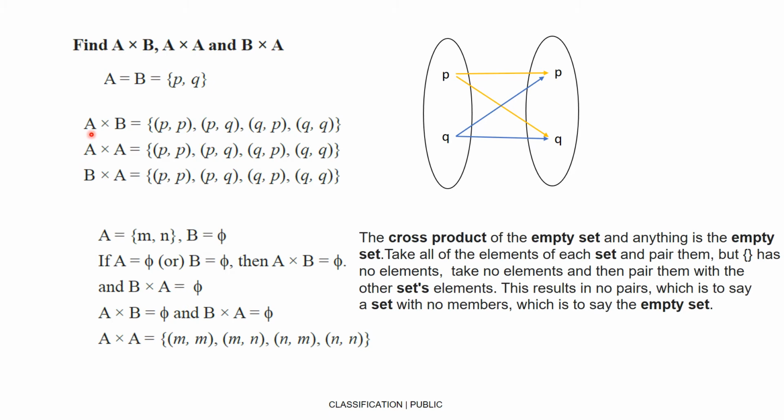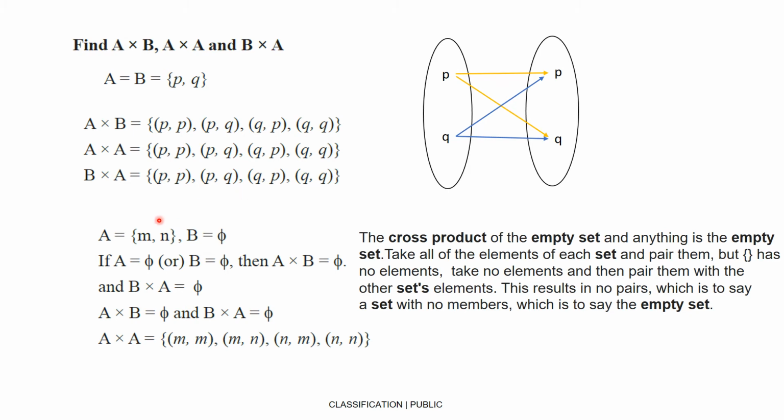A cross B: first you say (P, P) and (P, Q). And next for Q, (Q, P) and (Q, Q). And A cross A is also the same as A cross B, and B cross A is also the same, because A and B are equal here. Okay, understood? Shall we go to the next question?